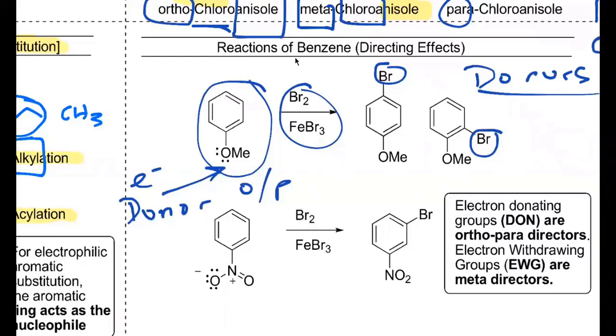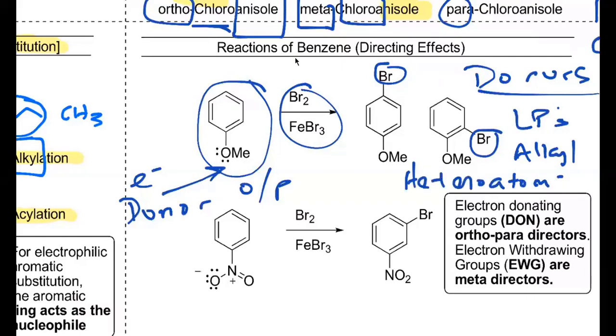Other donors are, so let me put this. So lone pairs are donors, alkyl groups. Anything that's electron rich can be a donor, right? Lone pairs, alkyl groups, other heteroatoms. Need more room for that. And by heteroatom, I mean something like, let's write it down here.